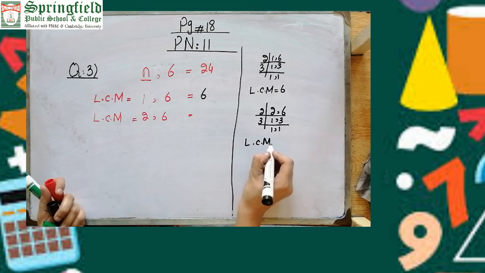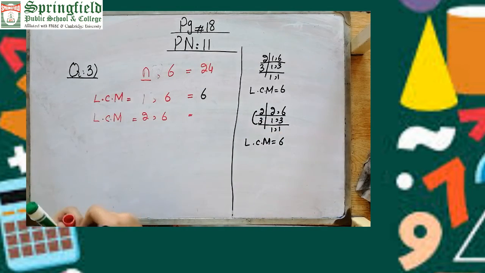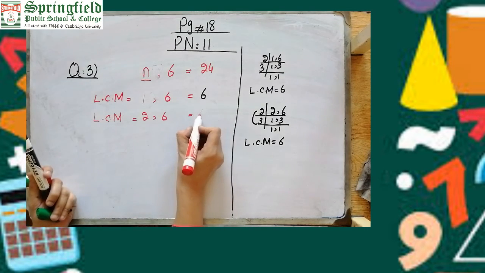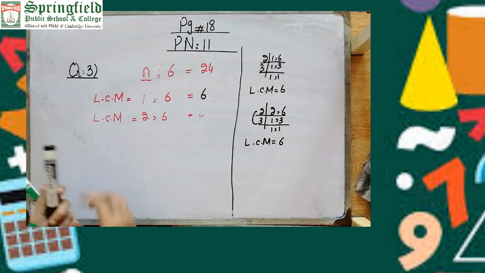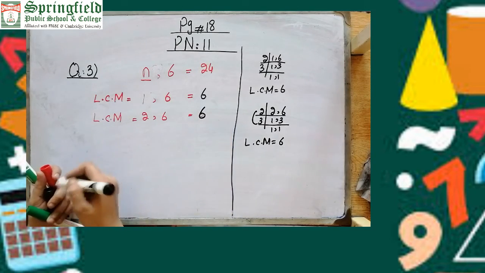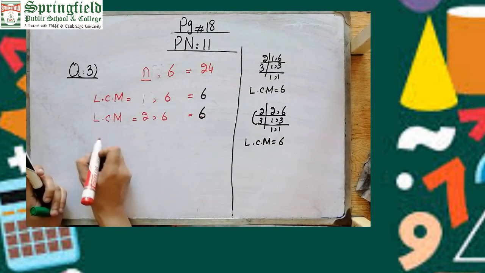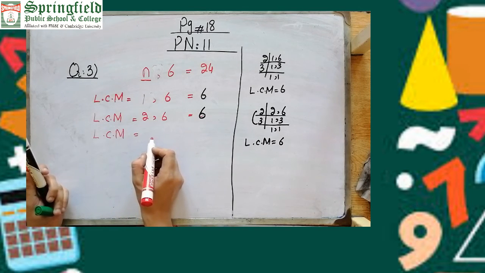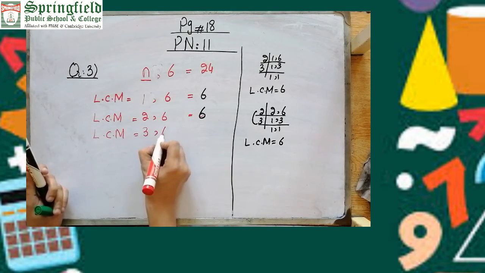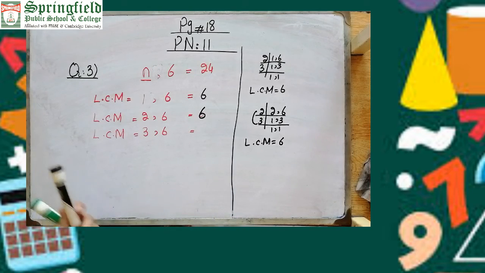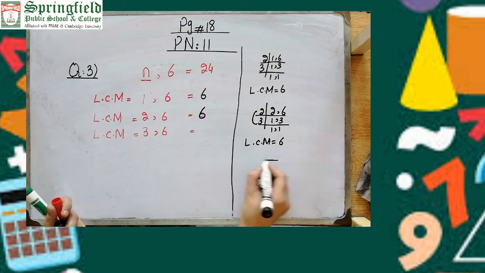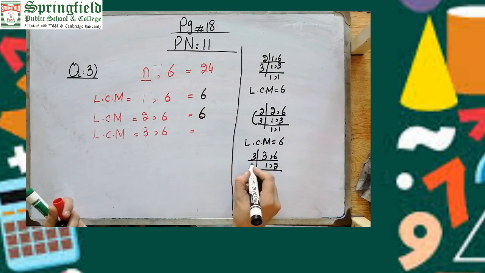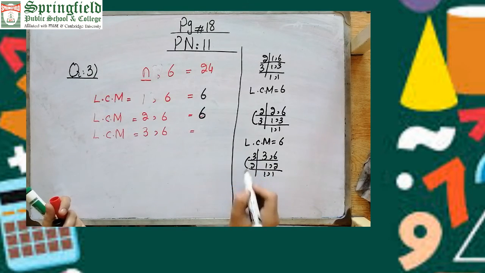So LCM is equal to 6, the multiplication of the factors. Again 6. Next number, when we put n is equal to 3, what will be the LCM? 3 and 6, 3 1s are 3, 3 2s are 6, again 6.